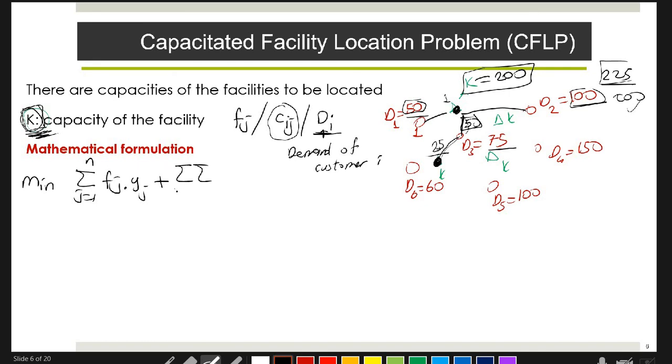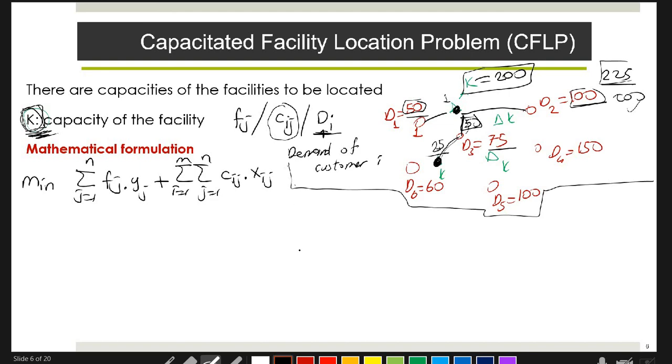And it is a double summation, i from 1 to m and j from 1 to n, Cij multiplied by Xij. I haven't defined it here, but we have exactly the same decision variable definitions as the uncapacitated version. So let me write that definition here.